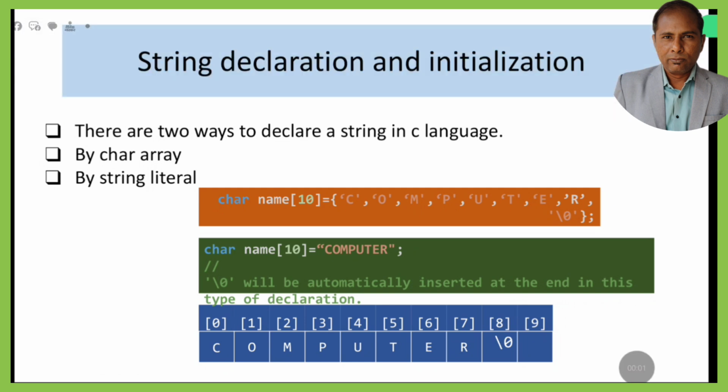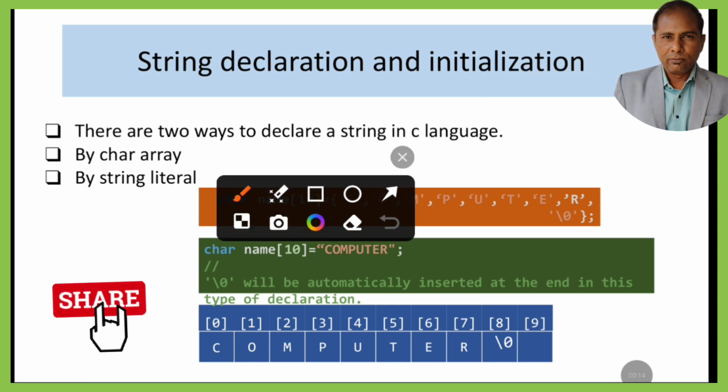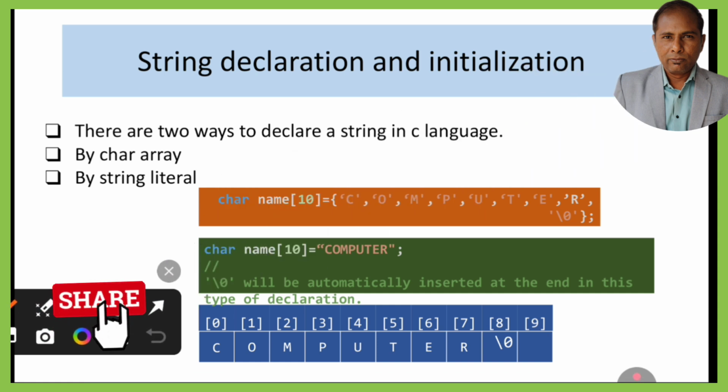Now, in the declaration of a string, there are two ways to declare it. One way is by the way of characters: we write char, name, size of the string, then inside curly braces we write each character, C in single quotes, O in single quotes, and like this we end with the termination character, null.